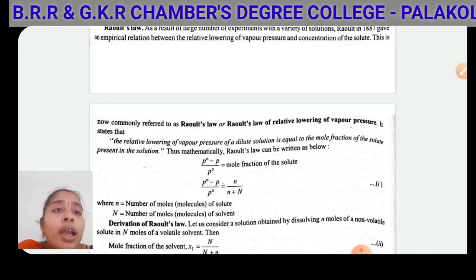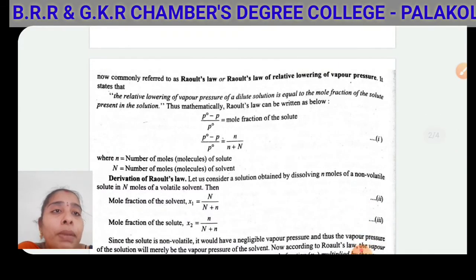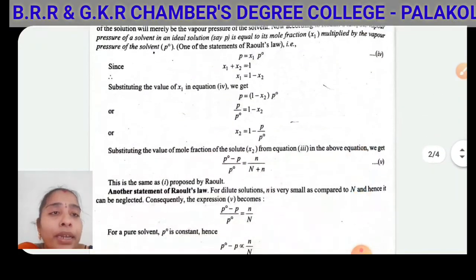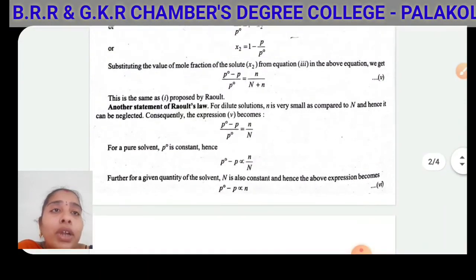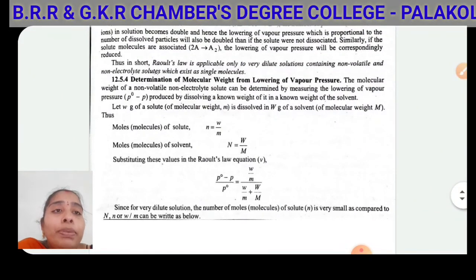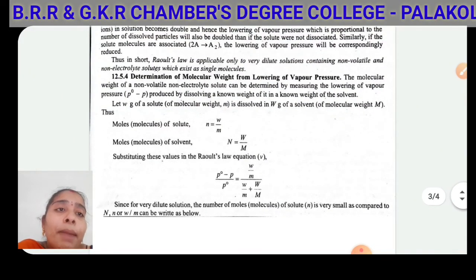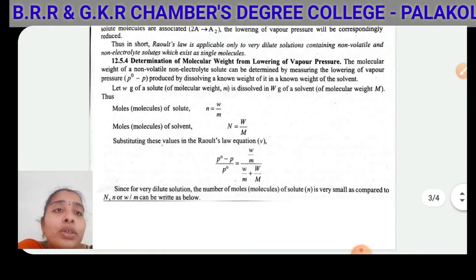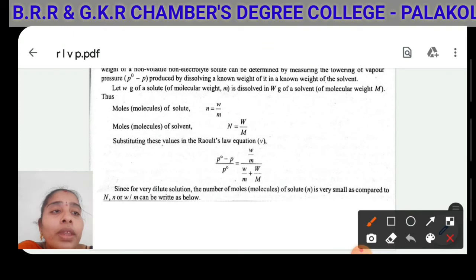That is, P0 minus P by P0 equals n by n plus N. Substituting, P0 minus P by P0 equals small n by capital N, where small n is replaced by w by m and capital N is replaced by W by M.